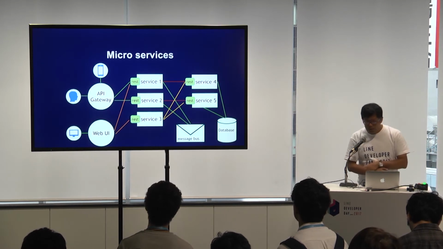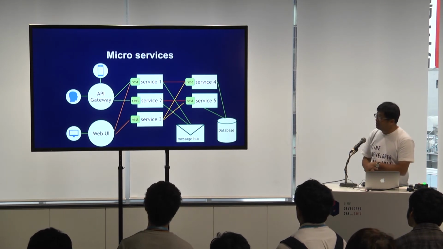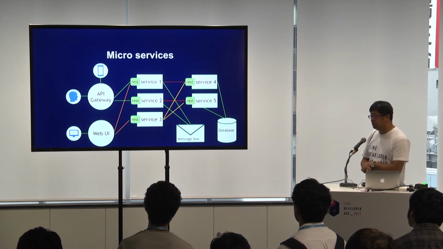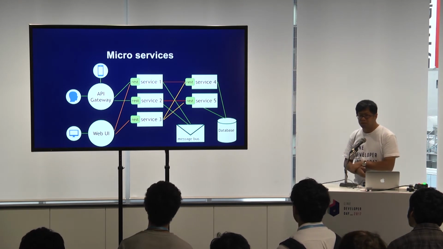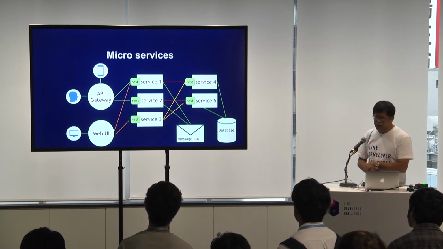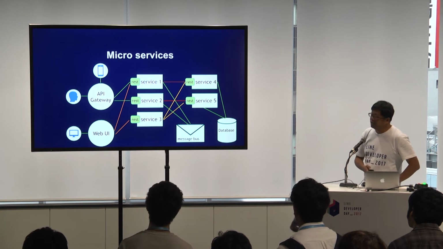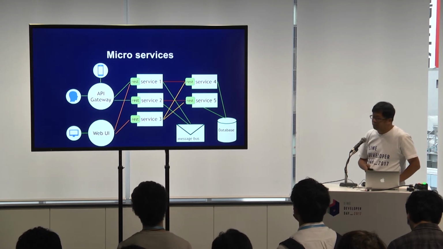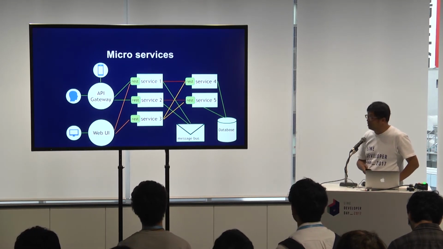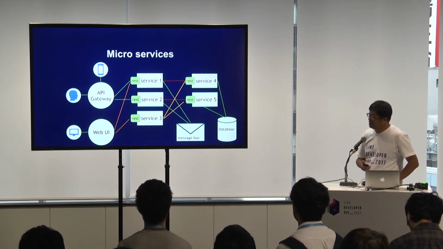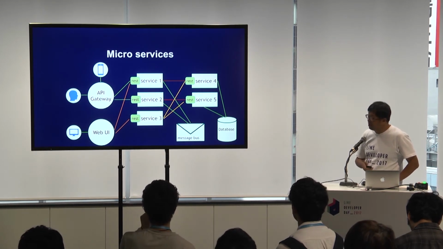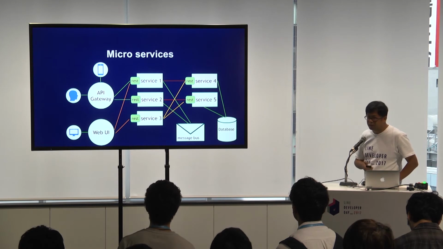And this is a microservice with those stacks, and I think most of you might be familiar with this kind of architecture. It's a modern architecture that helps us build scalable applications. In this kind of architecture, each function is separated into a different service.